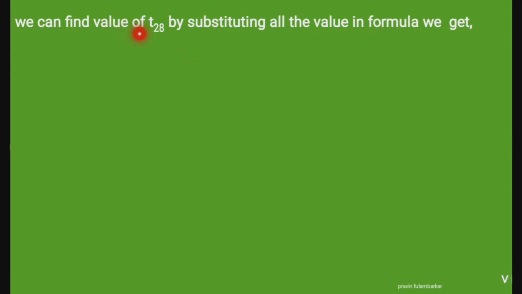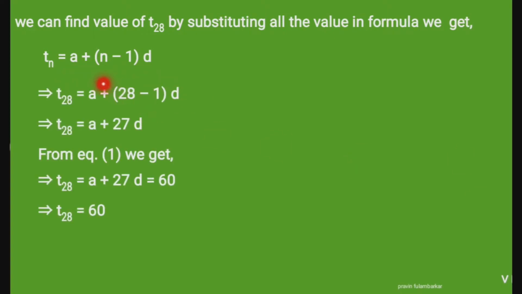We can find the value of T28 by substituting all the values in the formula. So we write T28 equals a plus, n is 28, so 28 minus 1 into d.